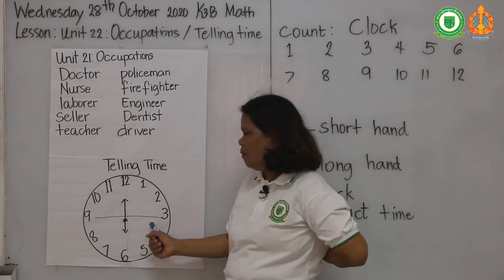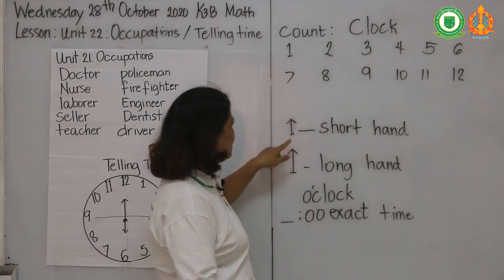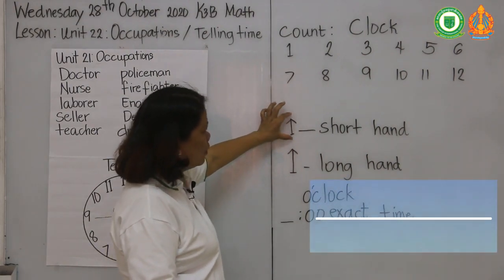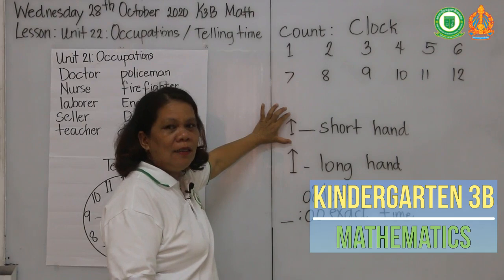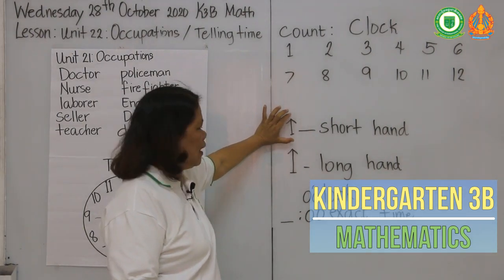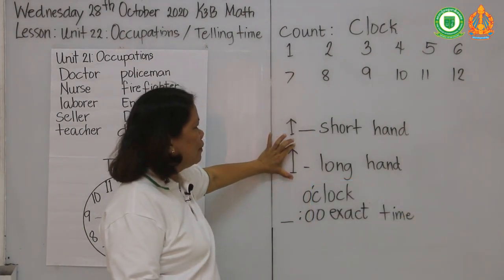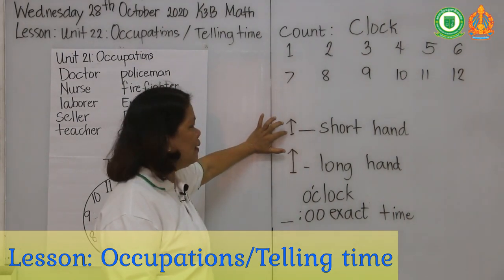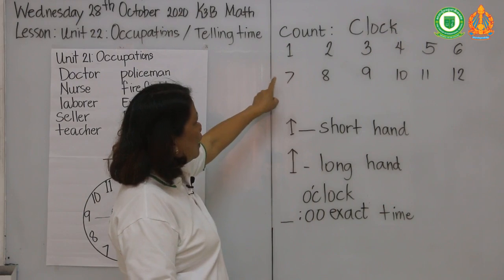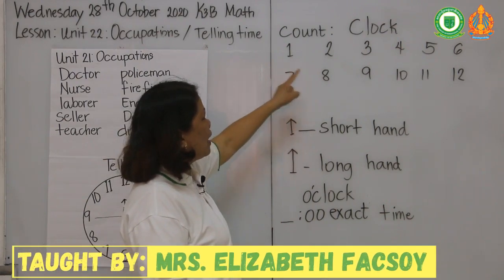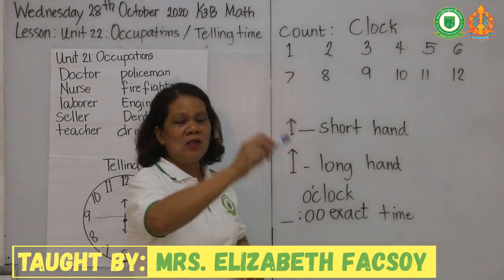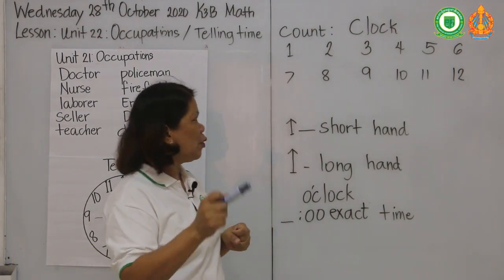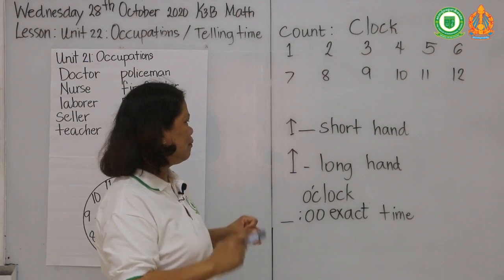Okay, so you can see also the short hand. This is a short hand. Okay, small or short arrow, but in a clock we can say short hand, and this is a long hand. All right, so this short hand can show numbers 1 to 12, and it goes around again. Okay, it goes around the clock from 1 until 12, or 12 hours, or 24 hours.